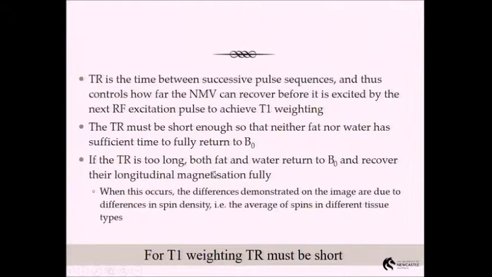If the TR is too long, so that they both achieve full relaxation, we basically have a proton density weighted image. So again, the key point is at the bottom of the slide: for T1 weighting, TR must be short. And I told you before that in brain imaging, TR for T1 weighted imaging of the brain is typically somewhere between 400 to 800 milliseconds.